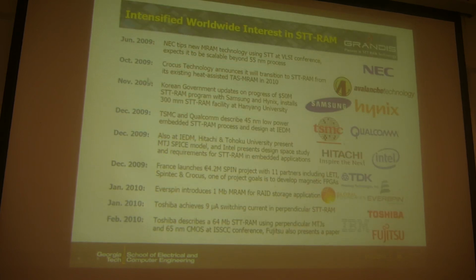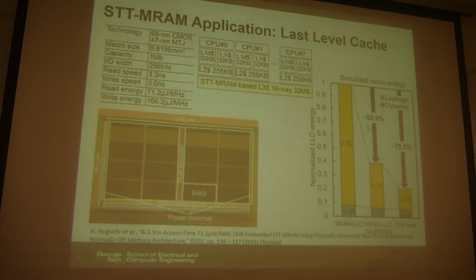And this is some old history for the STT-MRAM development. Many companies, startups, are interested in this. I will not read each of them. You can search by yourself. And the applications, we talk about embedded applications, but there is also some interest to use STT-MRAM to replace the NAS level cache, as we discussed, the L3 or L4 cache, to replace the SRAM.